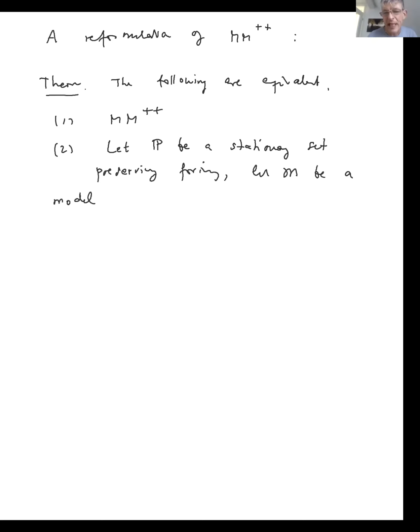A model has relations and so on, and we want that there are at most Aleph1 many of them. So the signature has to be of size at most Aleph1. Then let phi be Sigma 1.